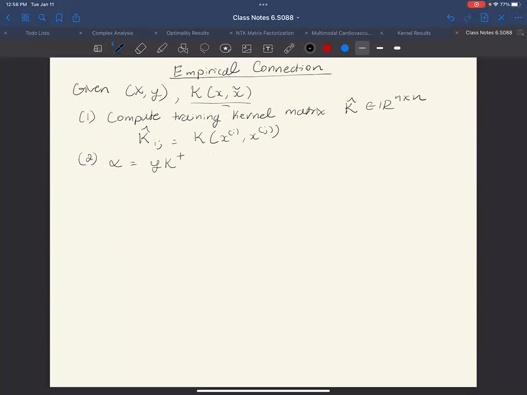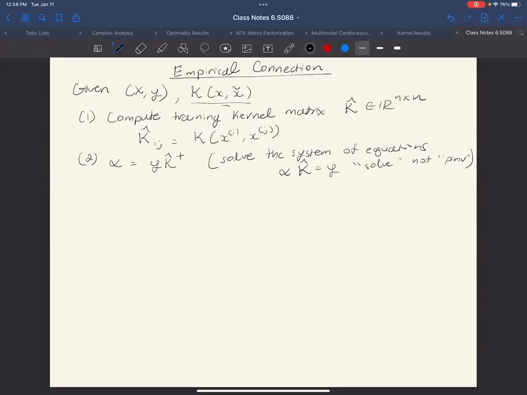Basically, what this comes from is you solve the system of equations alpha k hat equals y. And make sure to use the NumPy solve function, not pinv. And why? Because solve is way faster, and solve is meant for square matrices, of which you have a square matrix here. It's an n by n matrix.